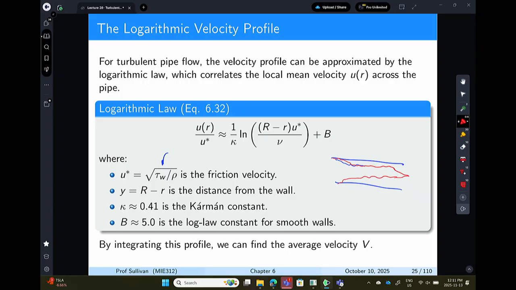Kappa is equal to 0.41. It's the von Karman constant. And B is equal to 5 for a log law constant. And you can integrate that and get a mean velocity, or an average velocity, within a pipe.